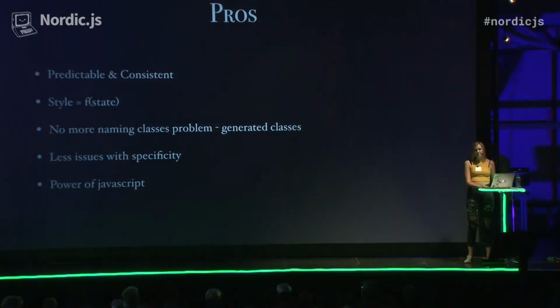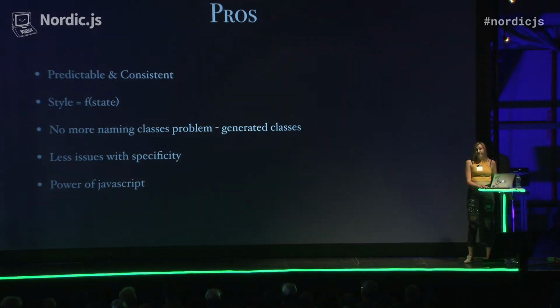The specificity problem is still there, right? Because it's still CSS under the hood, so we can still mess it up. But the problem is, in my opinion, lower. And of course, the power of JavaScript, but not only power of JavaScript to, for example, calculate some colors or sizes, but also power of JavaScript to use properties and state of our components.